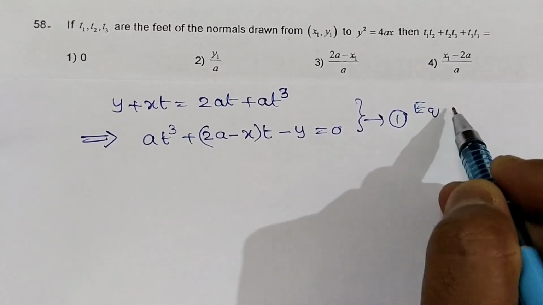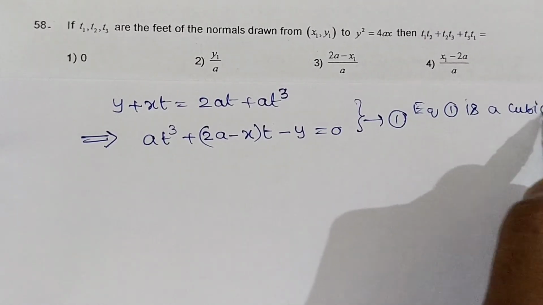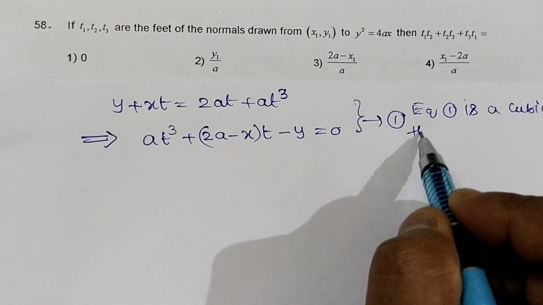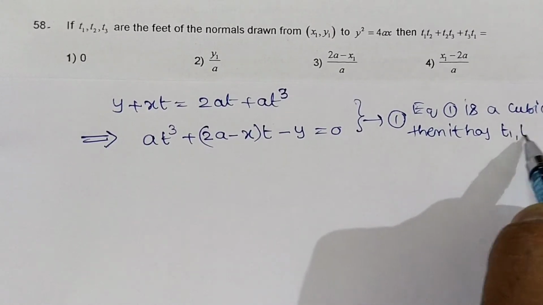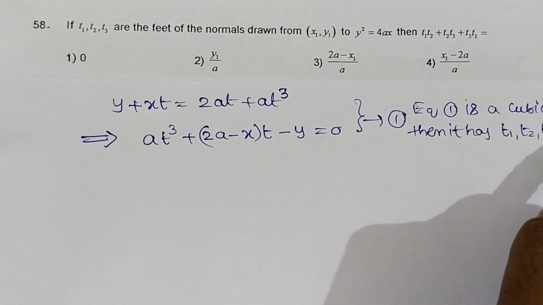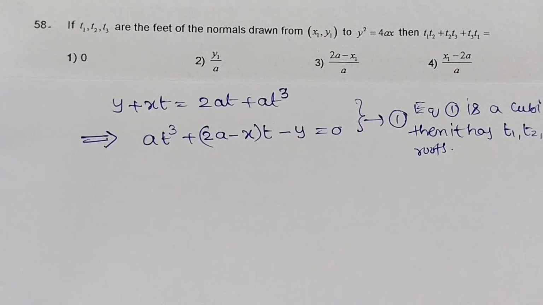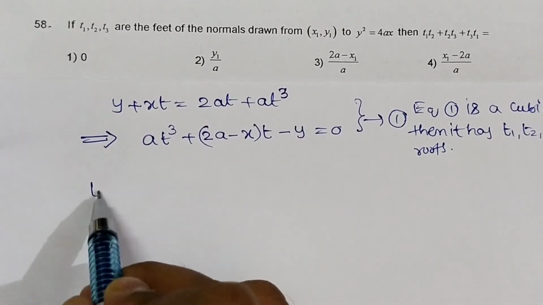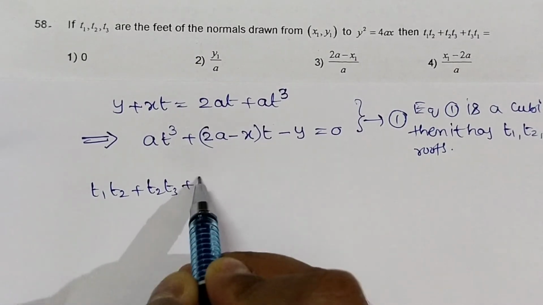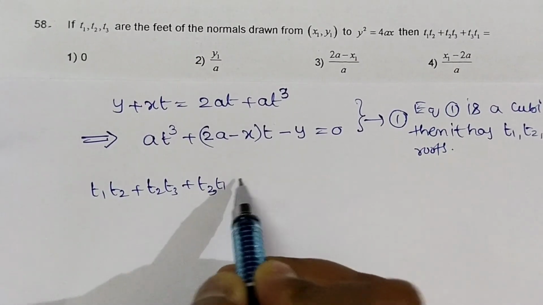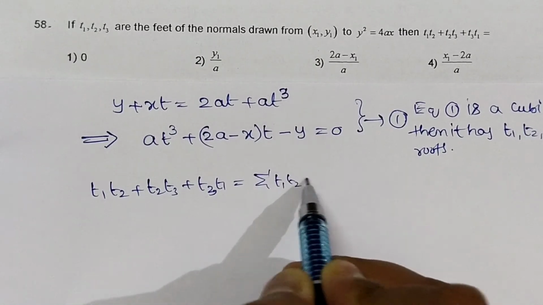Equation 1 is a cubic equation, and t1, t2, t3 are the roots. So they are asking to calculate t1t2 plus t2t3 plus t3t1, that means sigma t1t2, that means S2.